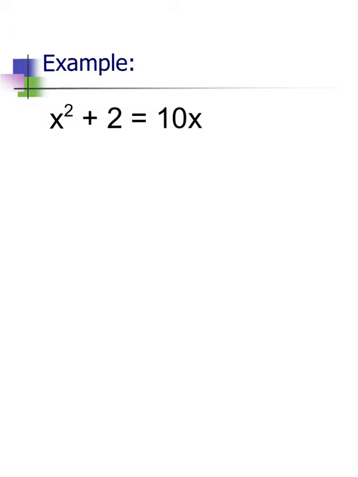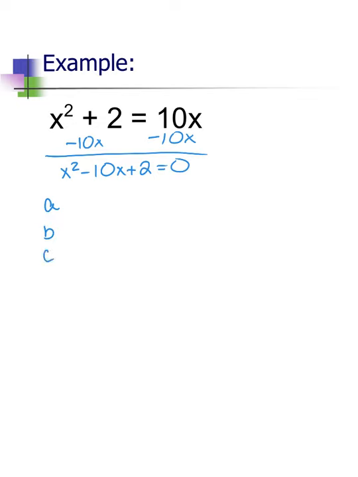Next example. Again, the first thing I want to do is put it in standard form. So I'm going to minus 10x from each side. Notice I put it in the middle because I do want it written in standard form. Off to the side, let's list the A, the B, and the C values. So I have 1, -10, and 2.